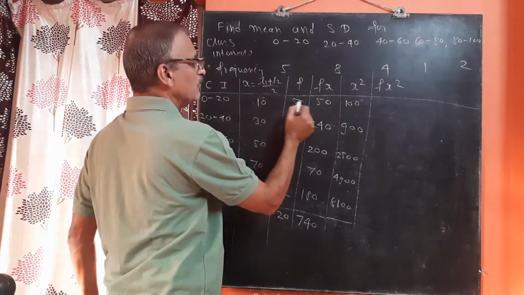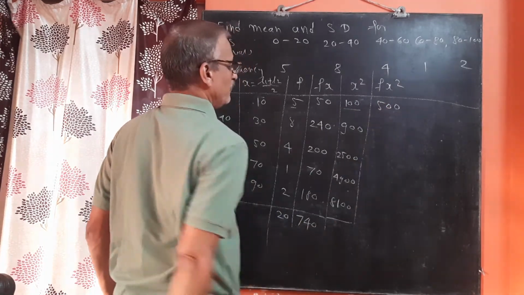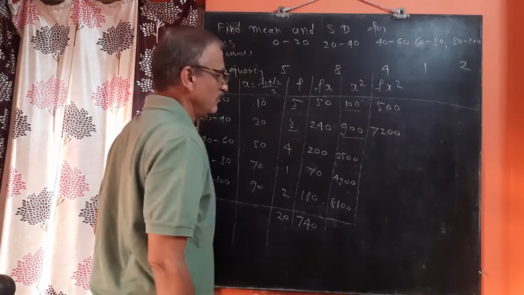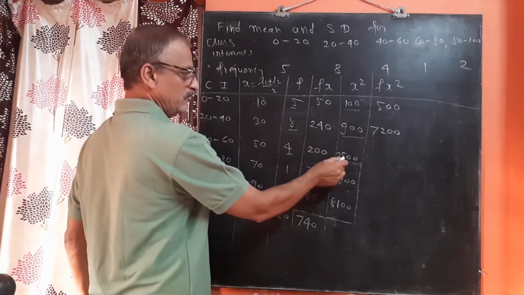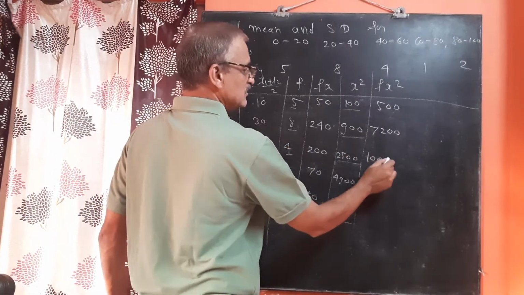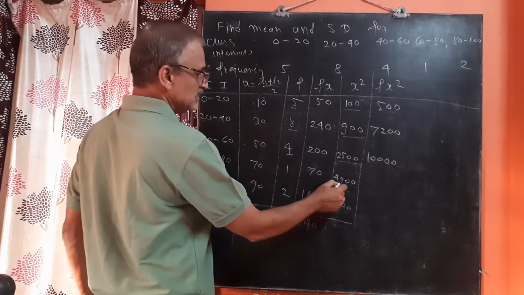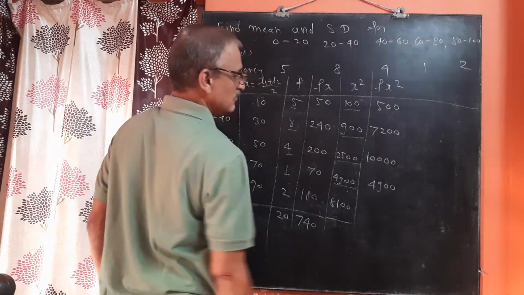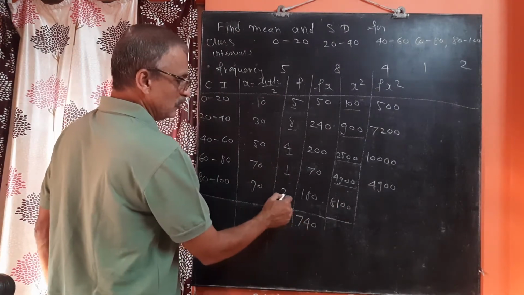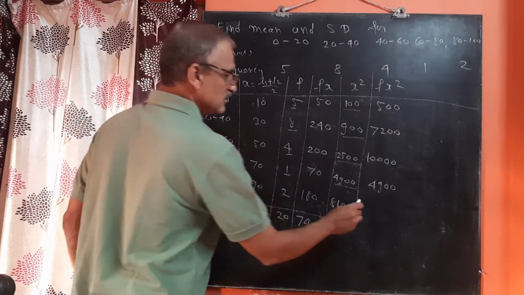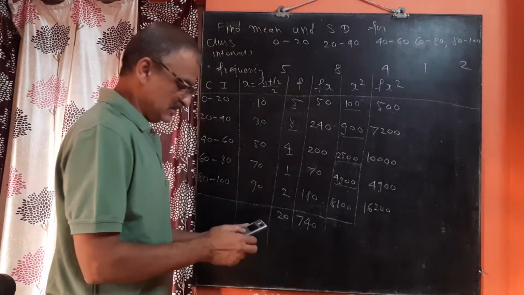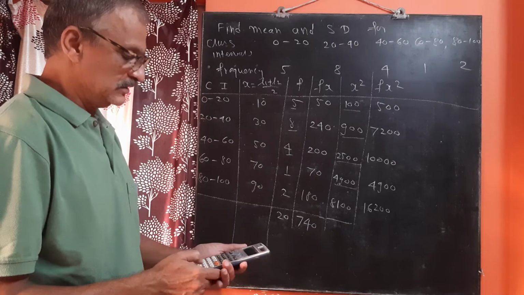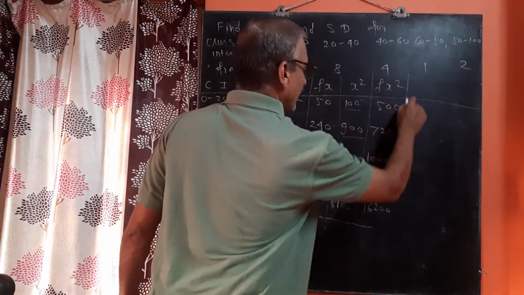So 100 into 5, 5 into 100, that will be equal to 500. 900 into 8, 9 8s are 72, so that will be 7200. 2500 into 4, 25 4s are 100, so this is 10000. 1 into 4900, so that will be equal to 4900. 8100 into 2, 81 into 2, that is 162, so this will be 16200. So these are the values of fx square.